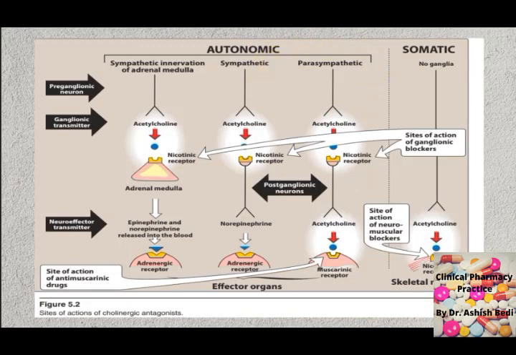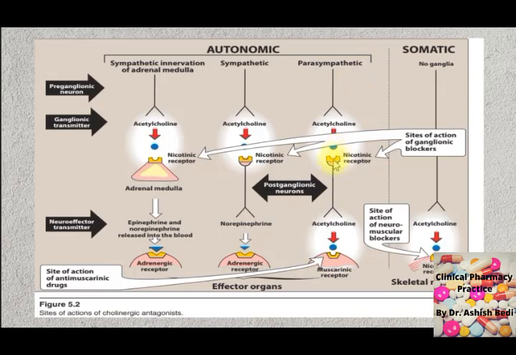The second thing I told you is that the receptors responsible for the activation result from which neurotransmitter. For example, the nicotinic receptor present in the parasympathetic system, majorly on the ganglion, is activated by acetylcholine in this parasympathetic flow chart.